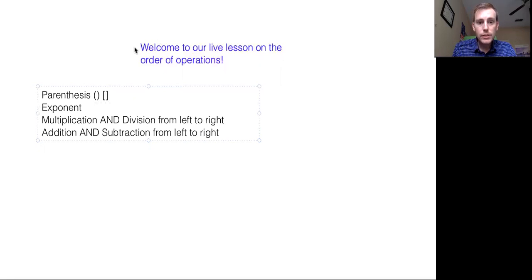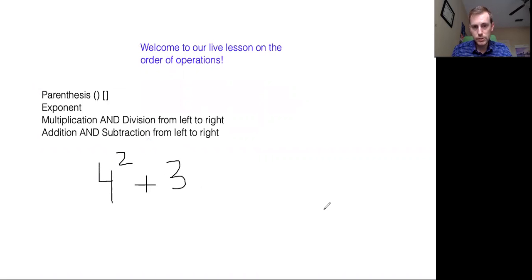So let's look at an example. Let's do an easy one first. If I have 4 squared plus 3, let's look at the order of operations. P is first, parentheses. Do I have any parentheses here? No, I don't. E is next, exponent. Do I have any exponents? Yes, I do. I have that 4 squared.